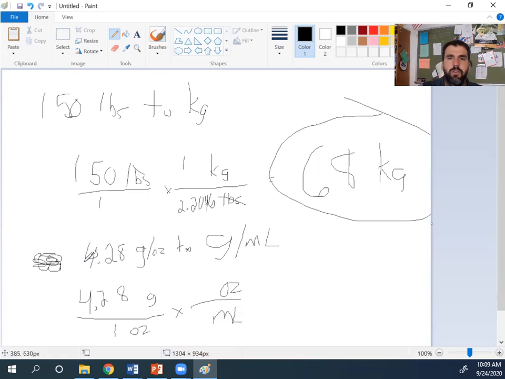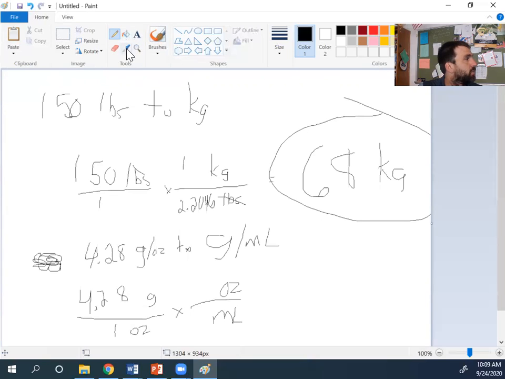Then I need to go look at my conversion factor, and it's on there somewhere, I believe. Ounces to milliliters, yes. It's not on there. Nope. So let me erase this.